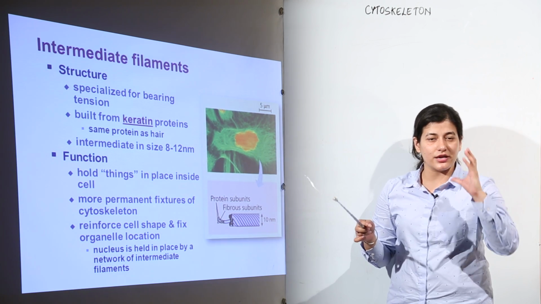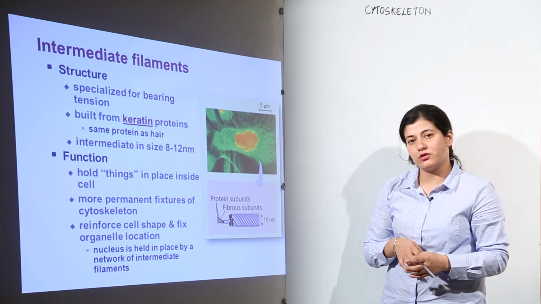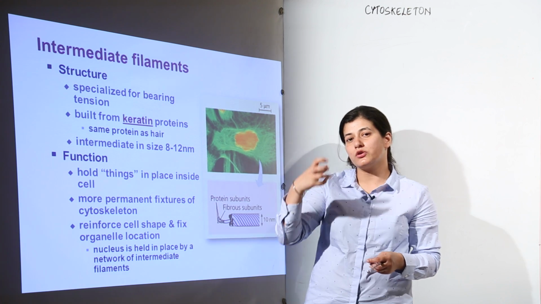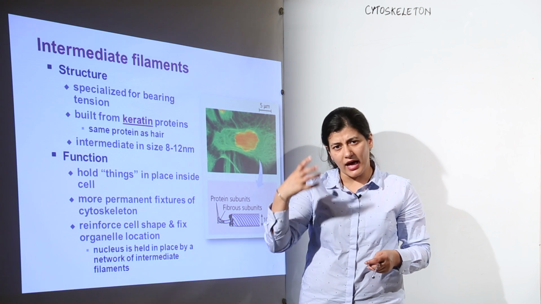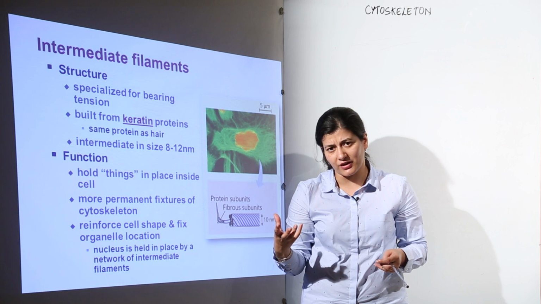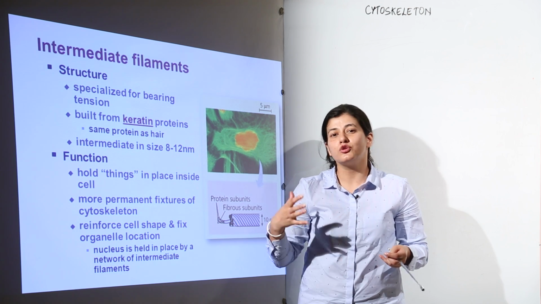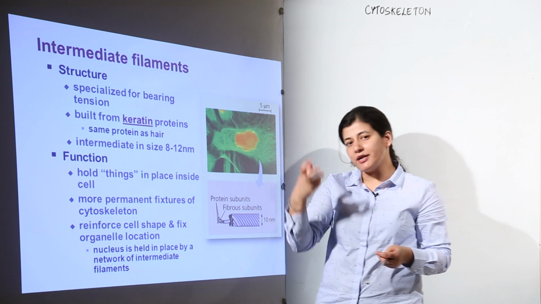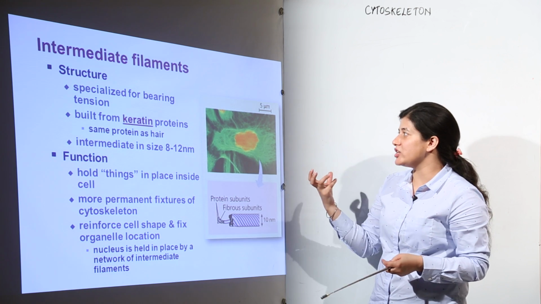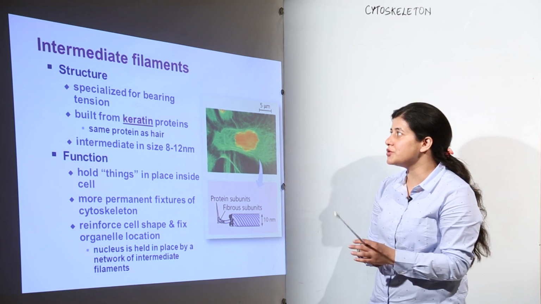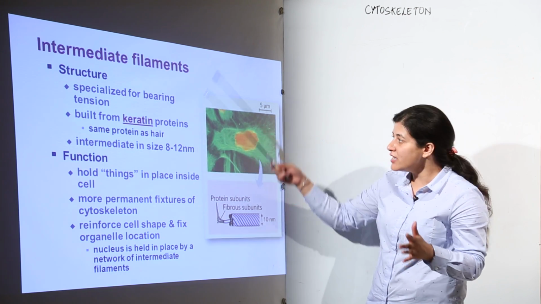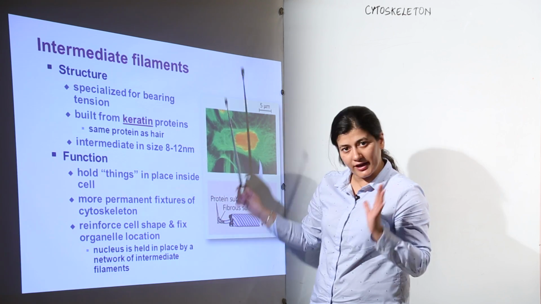Whenever a framework is being formed, for example when you are building a house, there is something to bear the tension, and we have different architectural specifications in our houses. So why not in a cell? That part of the cell which is specialized for bearing the tension is known as the intermediate filament, which has the main function of tension bearing.